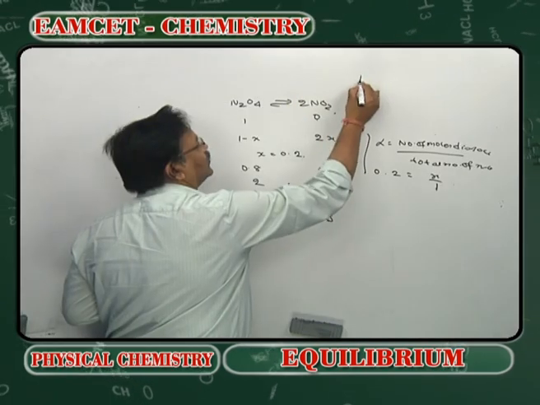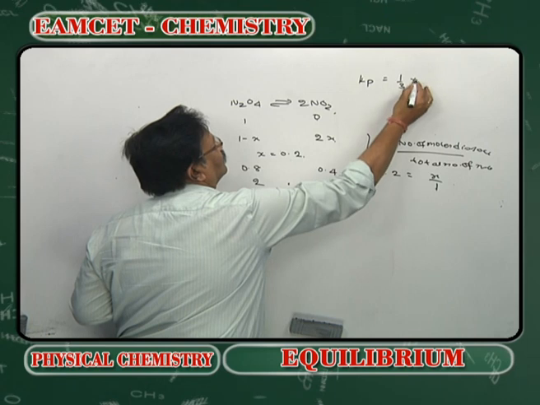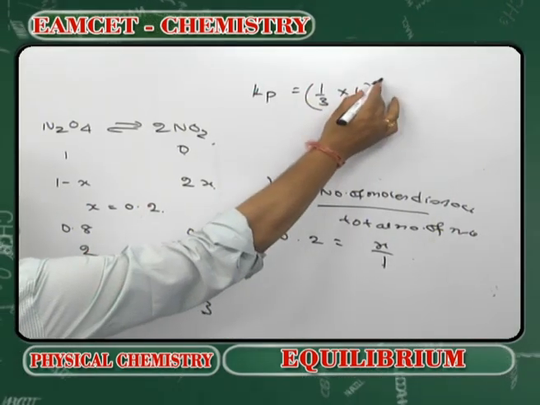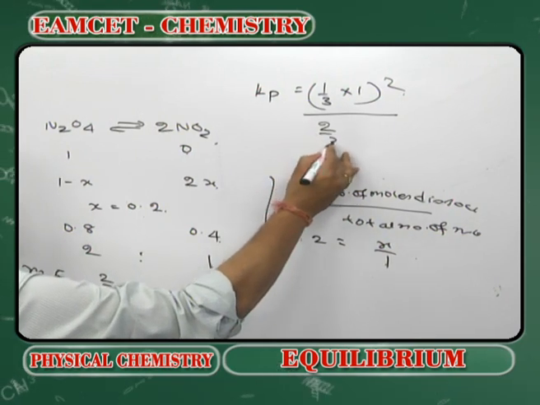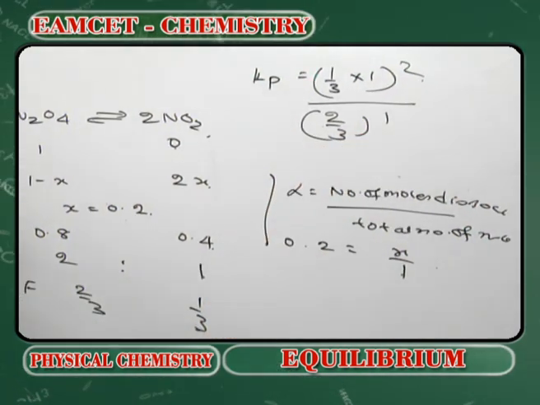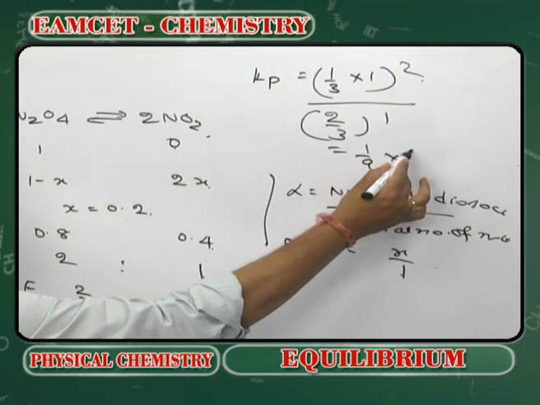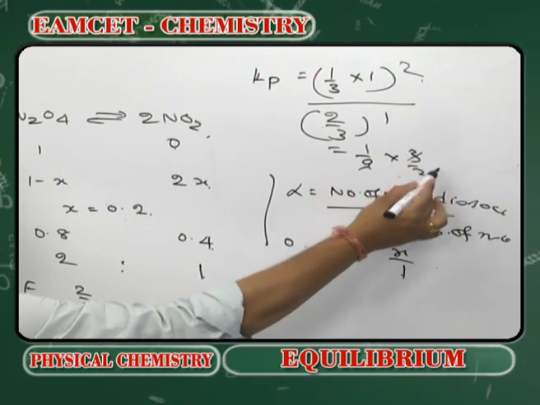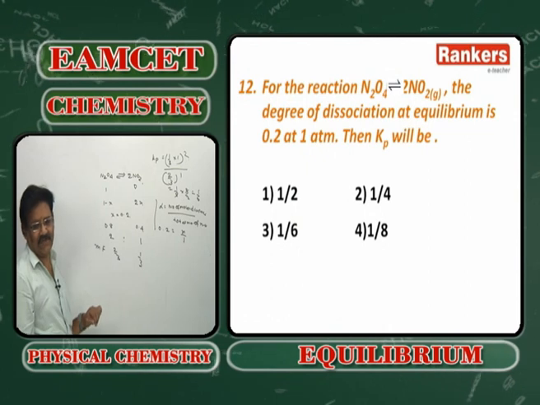Then Kp will be equal to 1/3 into 1 whole square by 2/3. So 1/9 into 3/2, that is 1/6. Option 3 is the answer.